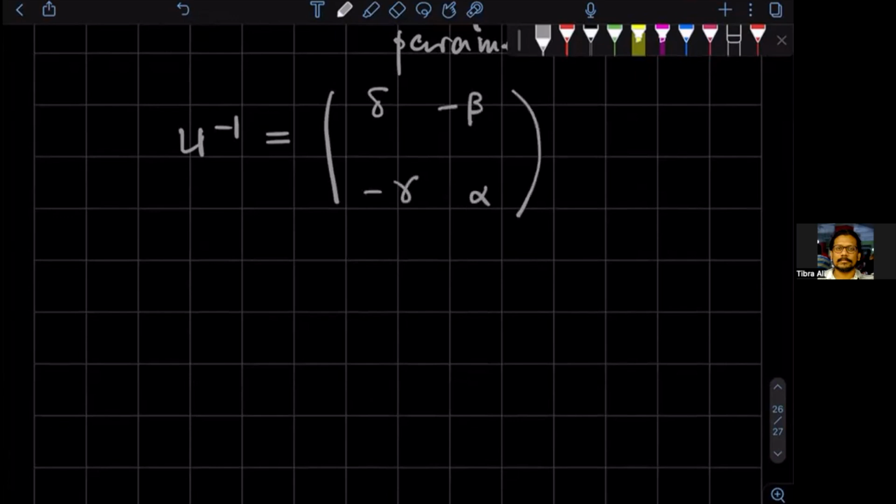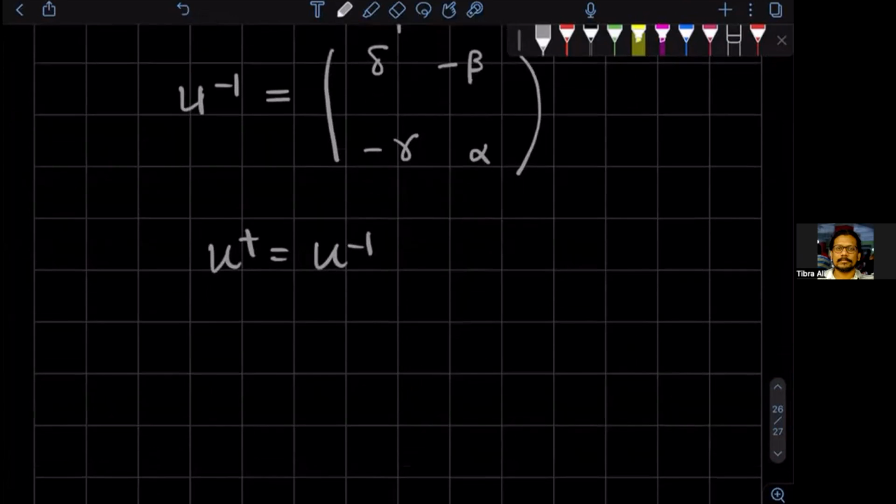This is just the inverse matrix. Now we know that U dagger is equal to U inverse. So if I look at U dagger and U inverse, then I get that alpha star is equal to delta and gamma star is equal to minus beta.